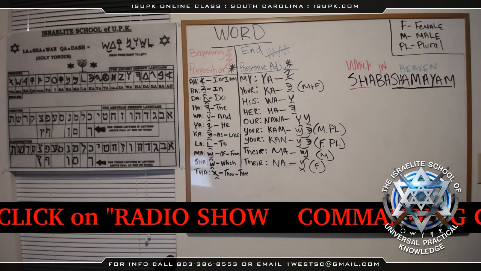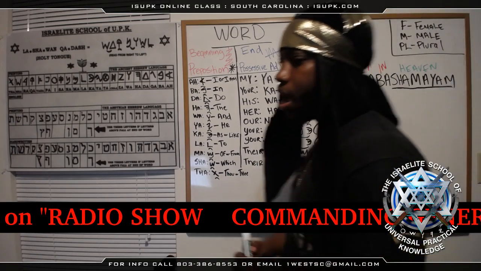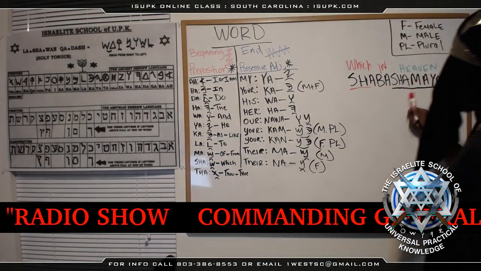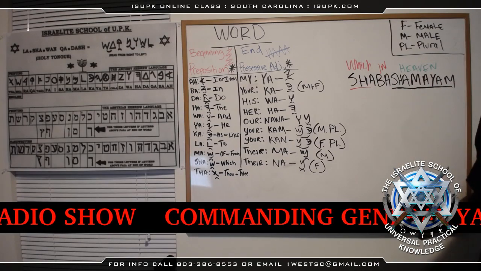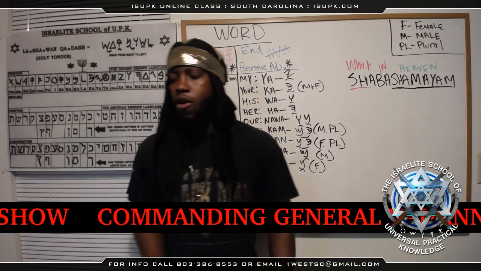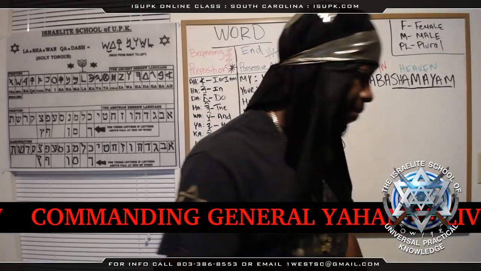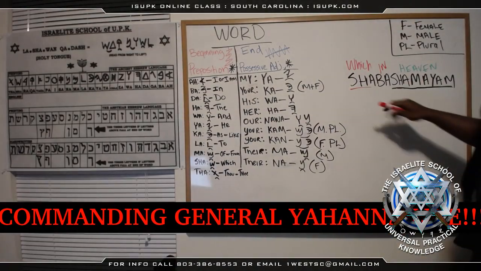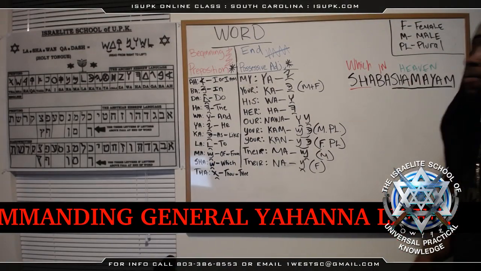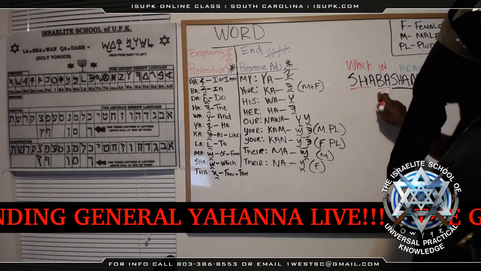Which in heaven. So we have Abba Nawa, our Father, Shabbat Shemayim, which is in heaven or pertaining to heaven. Not our Father in the flesh, but our Father pertaining to heaven, our Heavenly Father. These are the prepositions right here, Sha and Ba.